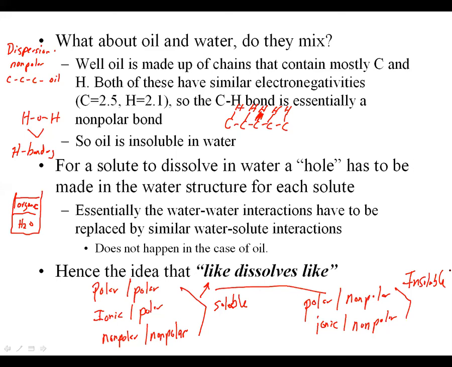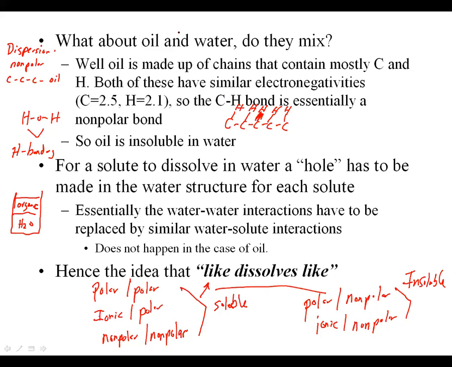So if we had something nonpolar, for example something like oil, we would not want to use water as a solvent because it will not mix, because they have no way to interact with each other. Say we had Br2.